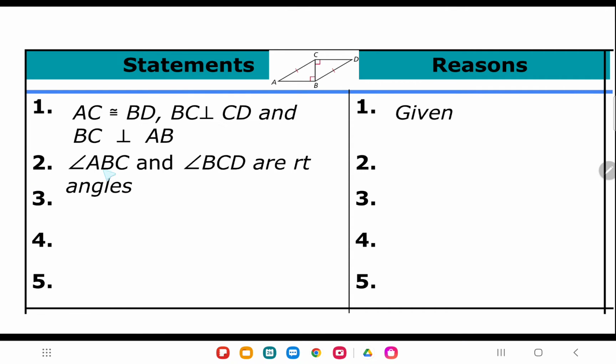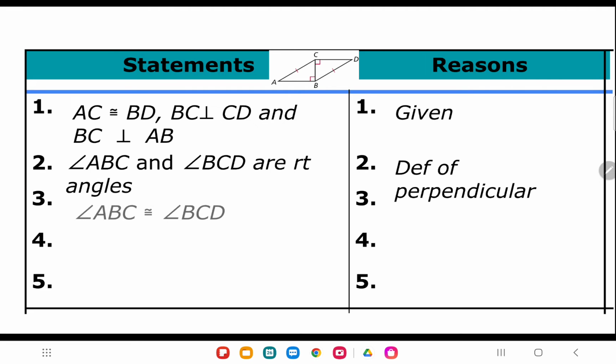Okay, I do have two right angles, and that's my definition of perpendicular. Now, because they're both right angles, I can use my right angle congruence theorem to state that ABC and BCD are congruent angles. BC is congruent to BC.